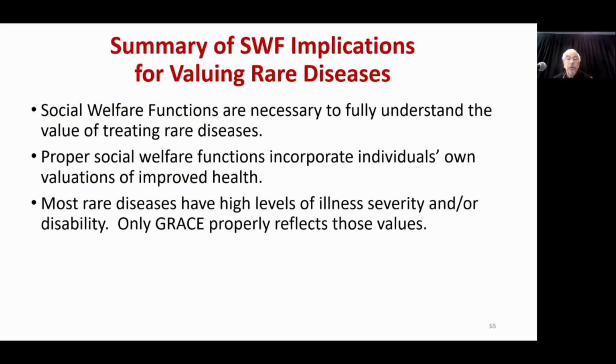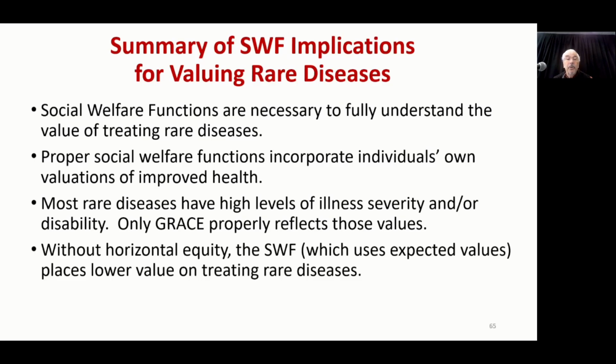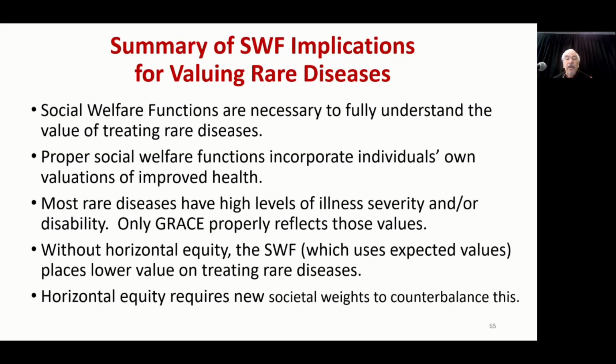And that's the way you have to do that. To get it properly, you have to use GRACE. And without horizontal equity, you don't have any special value for treating rare diseases. So you've got to bring horizontal equity into a social welfare function to really capture the full value. And that requires these new societal weights. And as I said, no nation does that fully at this point.